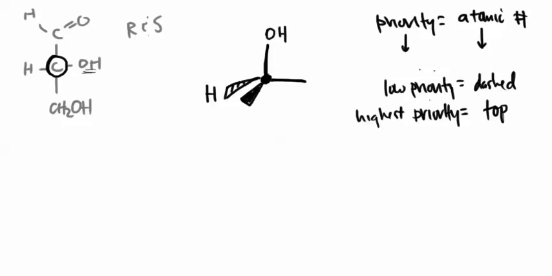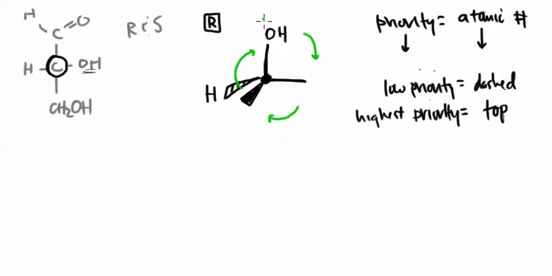Now let's say that I want to draw the R form of the structure. That means I want to draw the right-handed form, which means in the stereochemistry I should have a rotation, and that rotation needs to point right-handed. So the molecule needs to turn this way if it can.